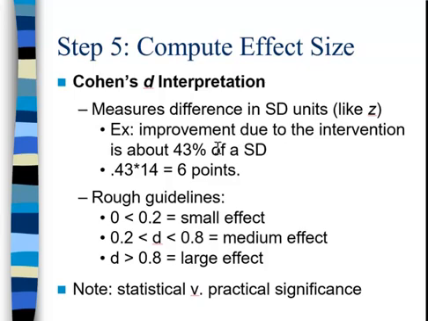And this is important because this intervention produces an effect of 6 points. So it has the possibility of improving the lives of our participants. A net improvement of 6 points on the RADS is nothing to sneeze about. And that's an effect we would have missed if we would have set our alpha too conservatively.